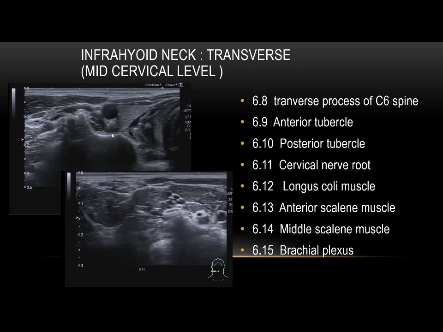You can see the hyperechogenic cortex with the posterior shadow. This is the outline of the cortex of the bone, which outlines the transverse process. And you also see the prominence of the bone like this spike. This is also called the anterior tubercle of the cervical spine.